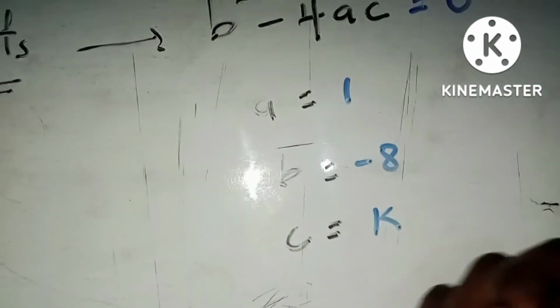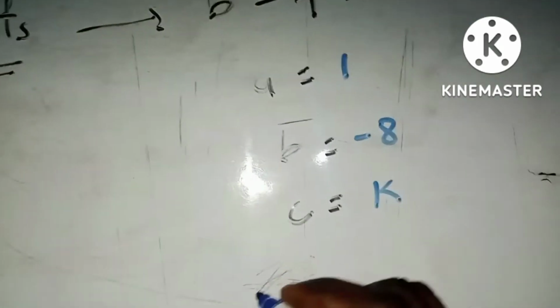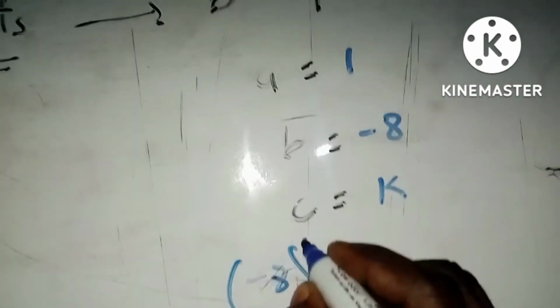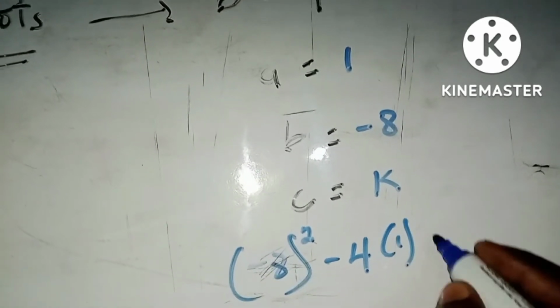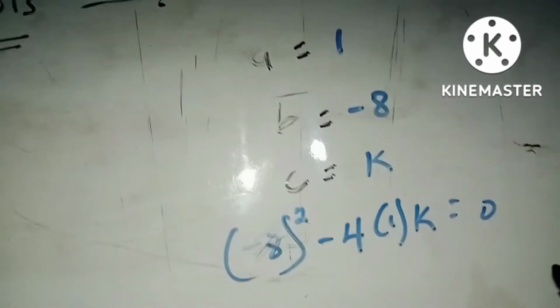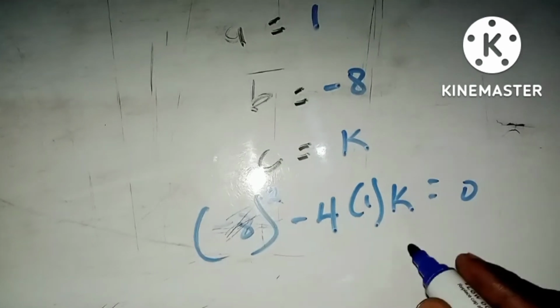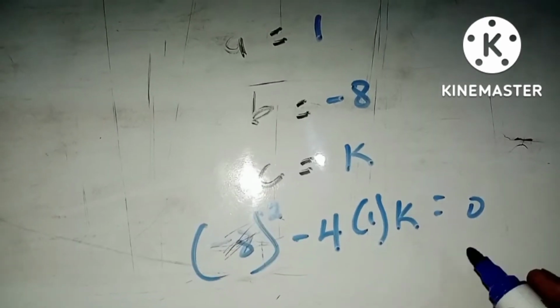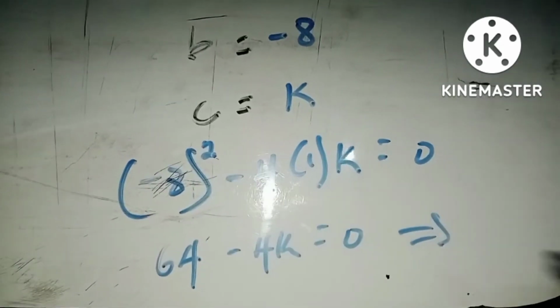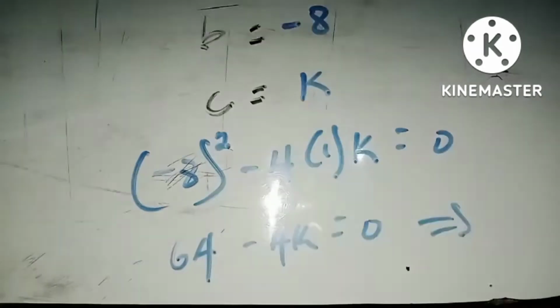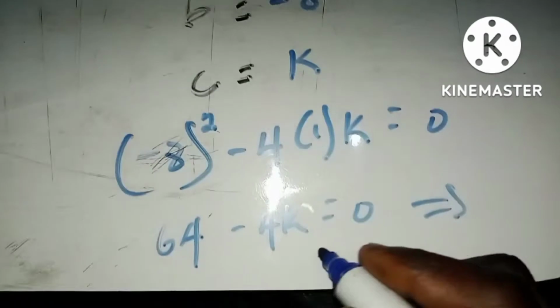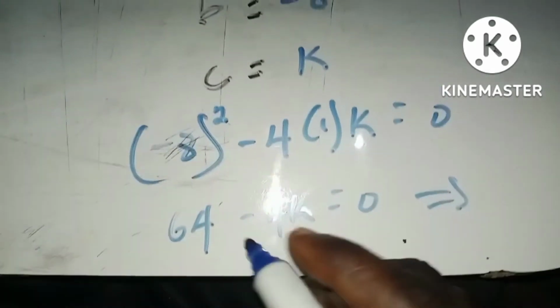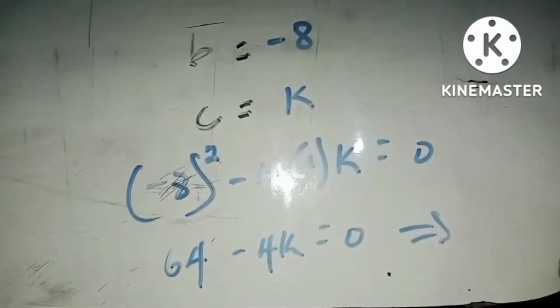This is very simple. So you have b squared, which is negative 8 squared, minus 4a, which is 1, multiplied by k, equal to 0. So in solving this, I have negative 8 squared, which is 64, and then minus 4k, right? Subtract 64 from both sides of the equation.